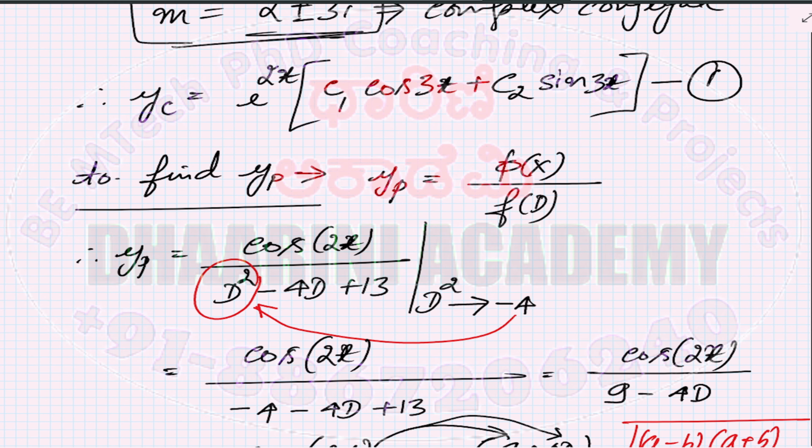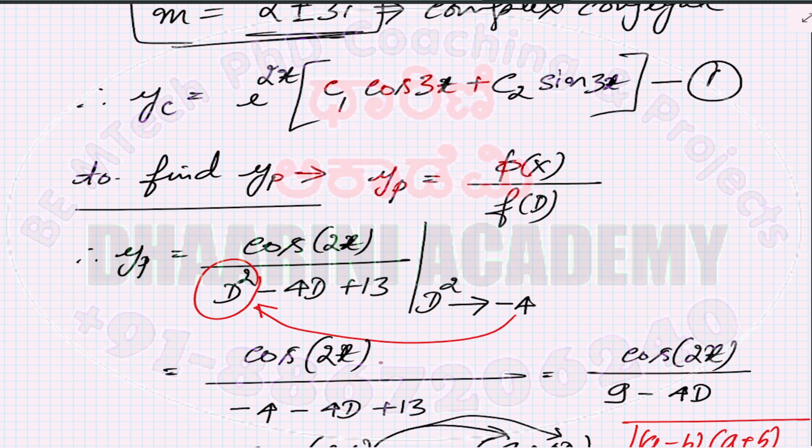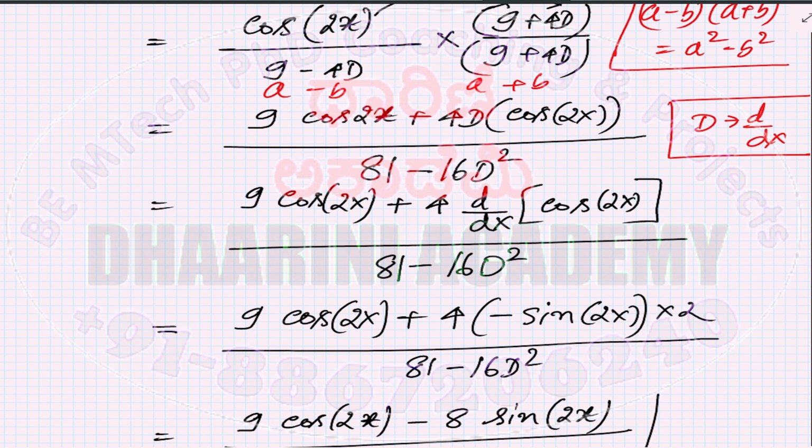So that's what I have marked here. After that, I write cos 2x by minus 4 minus 4D plus 13, which comes to be cos 2x by 9 minus 4D. When you have 9 minus 4D, it's clear that I have to eliminate the D from the denominator by having a square.